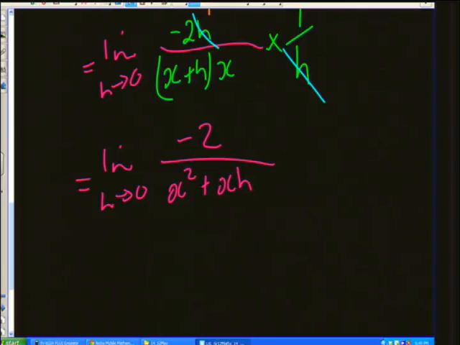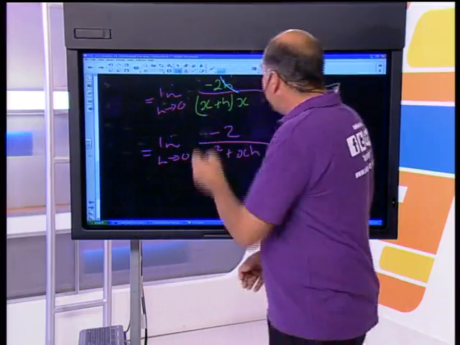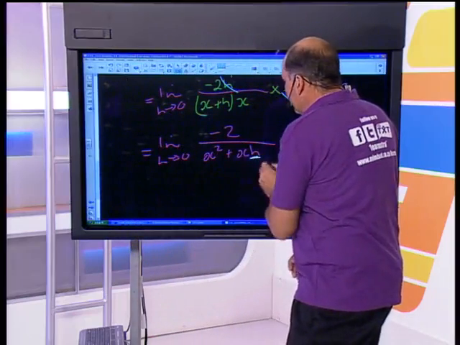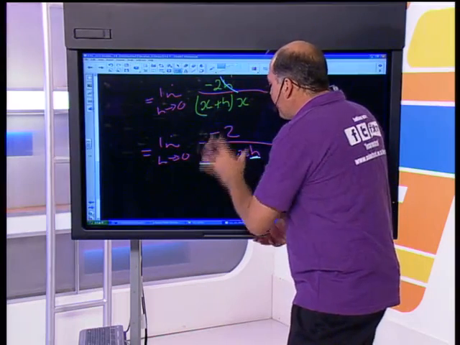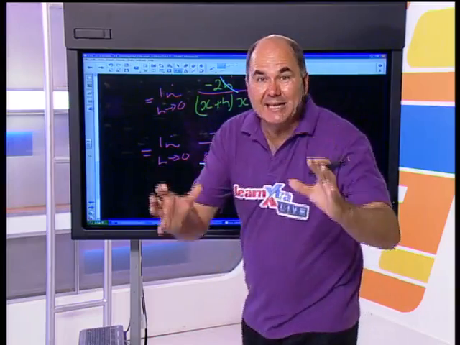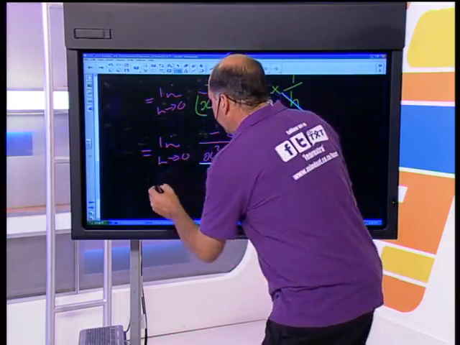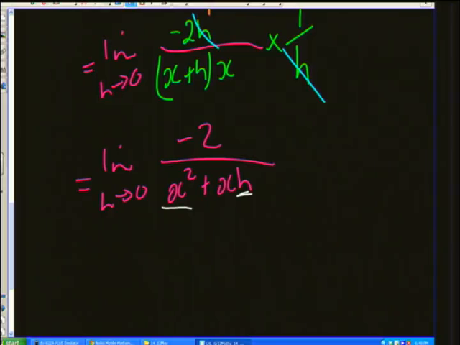Now, guys, please notice, it doesn't matter that I've got an h in the denominator. This h doesn't matter because it's with an x and there's another bit there that's going to keep me safe. So I'm no longer dividing by 0. I can now evaluate it. I can now drop the limit. I can say let h equal 0.